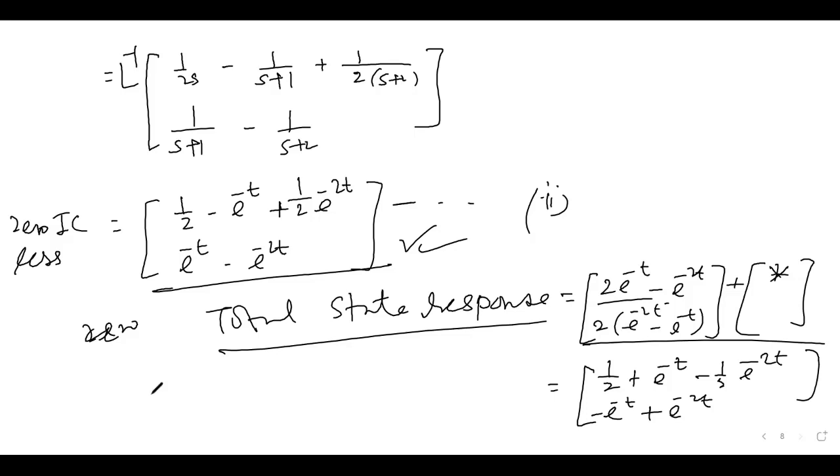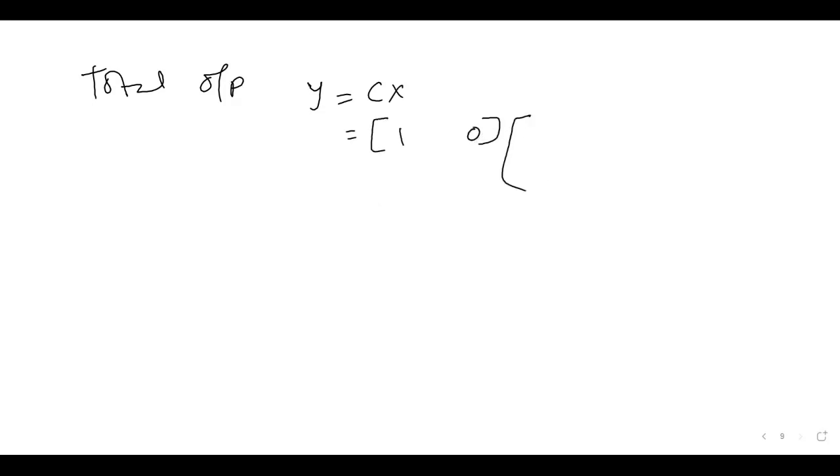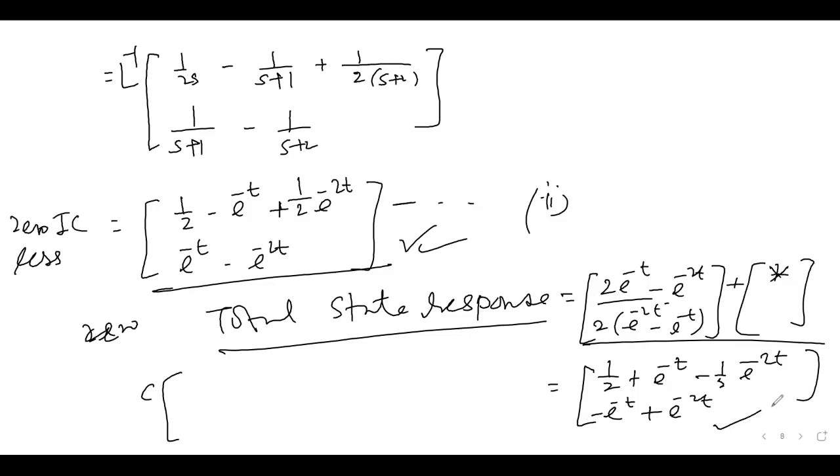Now you multiply with the C matrix, multiply this matrix, total state response, total output response. You know, total output response y is equal to Cx. There is no D, so you know C is 1 0. Multiply with this matrix, you will get the total output response.